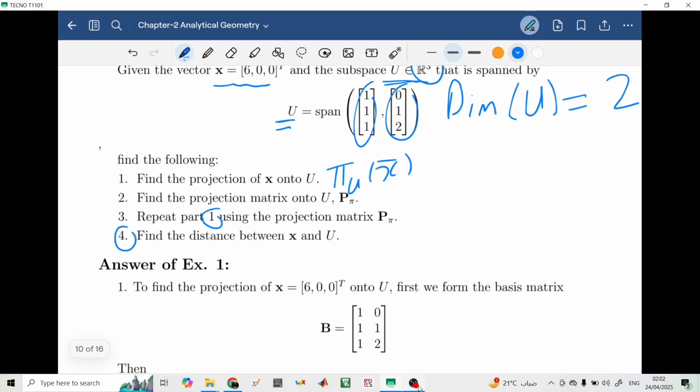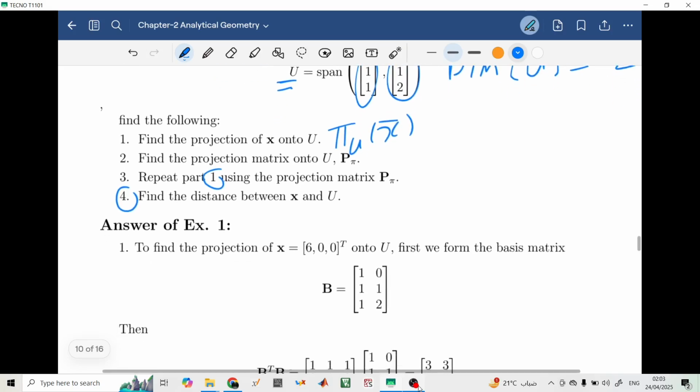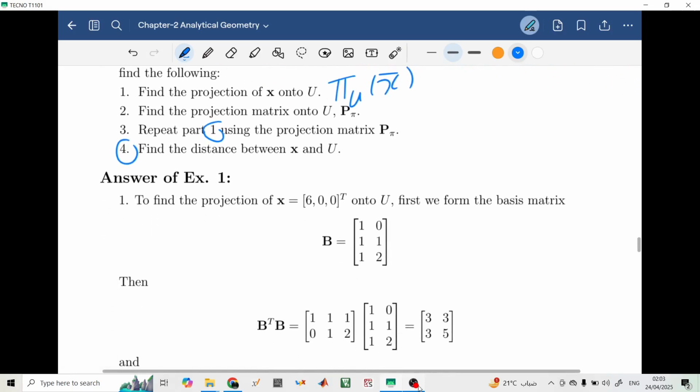The last part of the question is very important. We need to find the distance between x and U, which is the orthogonal distance, the perpendicular distance, and usually we refer to it as the error between the projection and the vector itself, right? Okay, so the first thing we do is we construct the basis matrix, right?